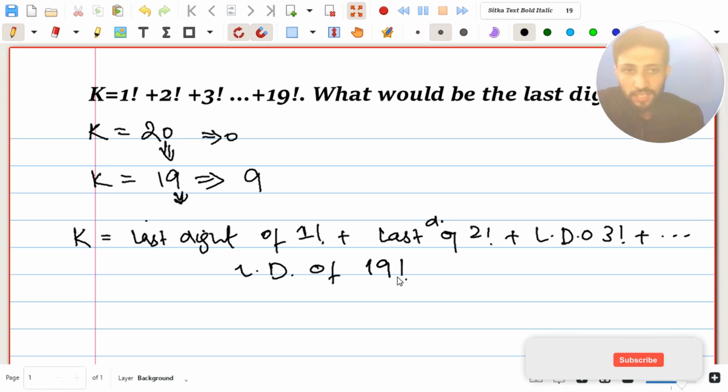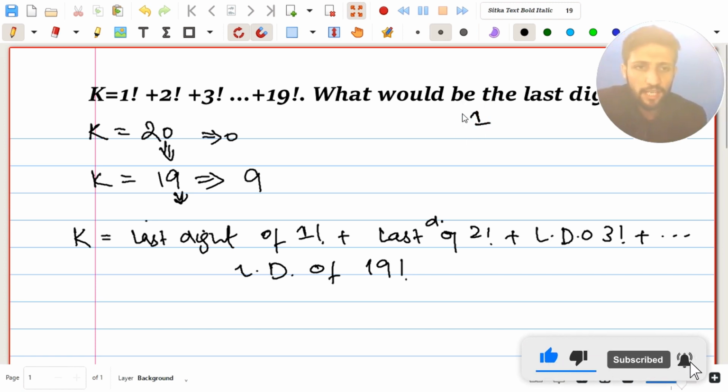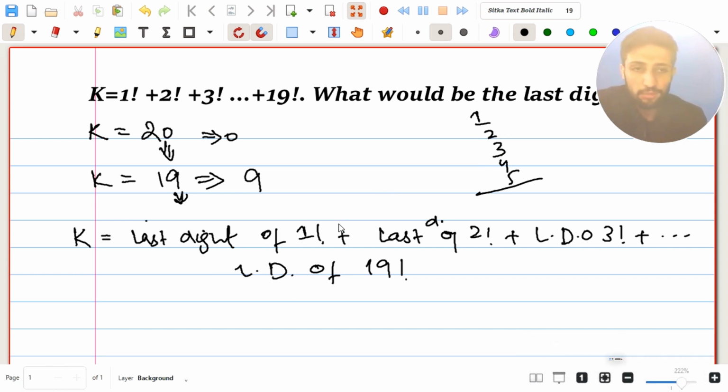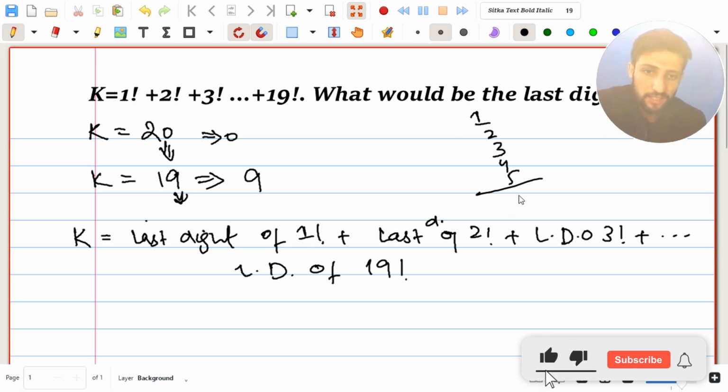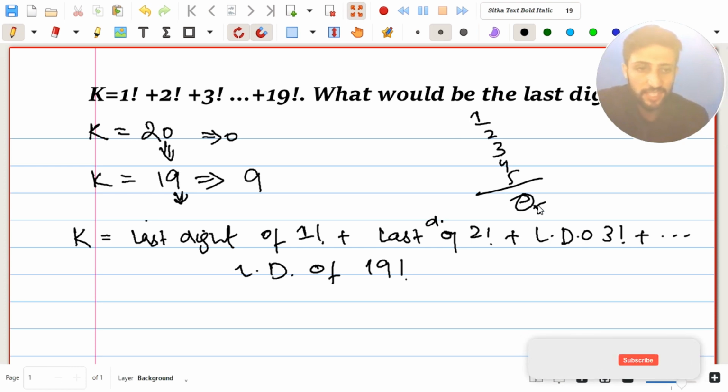Let's suppose the last digit of 1 factorial is 1, and you have to find the last digit only. So whenever I get the last digits, I need to sum up the last digits of all these factorials: 1 factorial, 2 factorial, 3 factorial, 4 factorial, and it goes on to 19 factorial. Then I will get the last digit of this k.